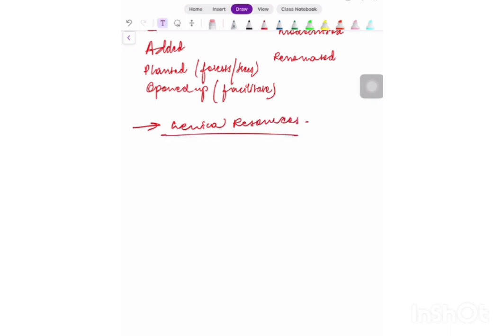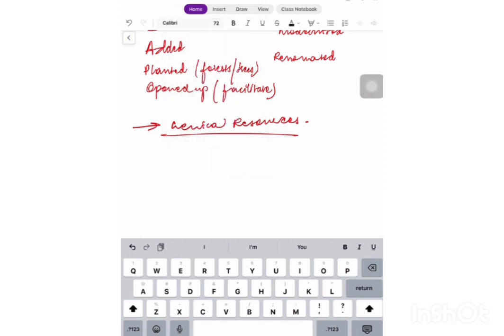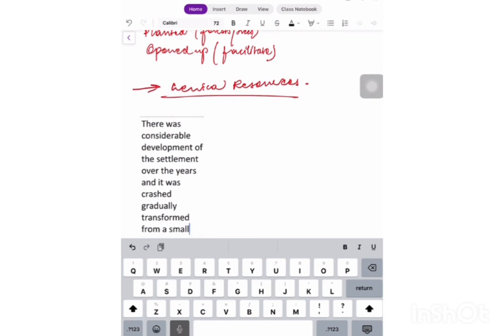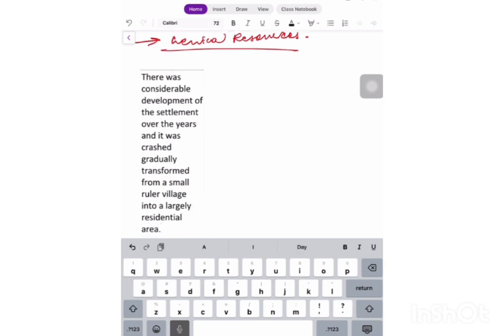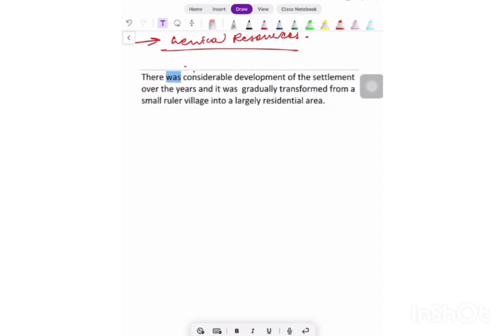How do they write it? तो एक ये लेक्सिकल रिसोर्स है. इसमें what we can understand is that there was considerable development of the settlement over the years, and it was gradually transformed. Now these are the lines that you have to make note of. This is the lexical resource, that it was transformed from a smaller rural village into a largely residential area.